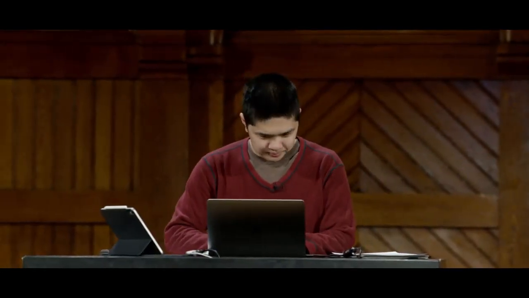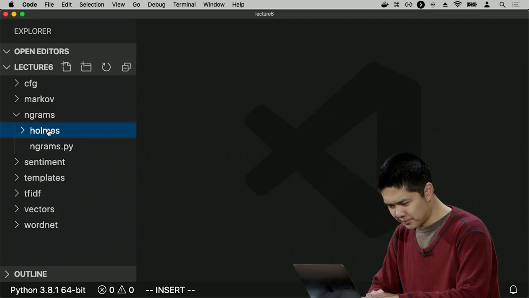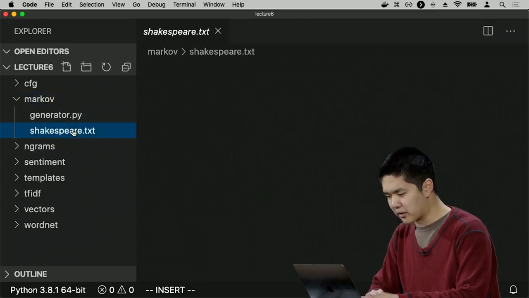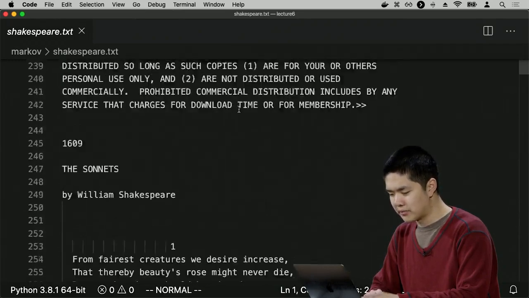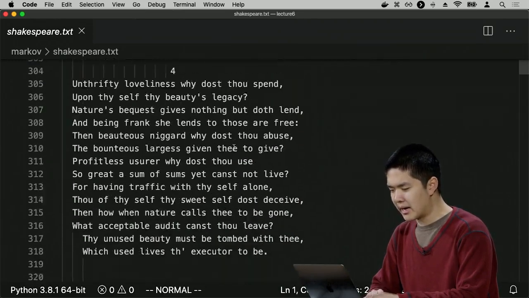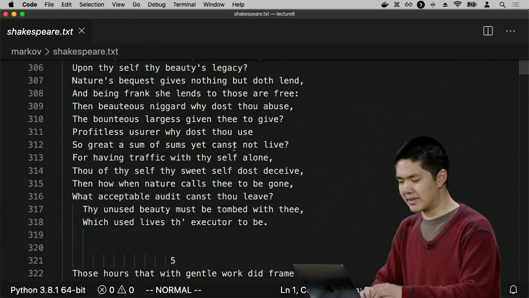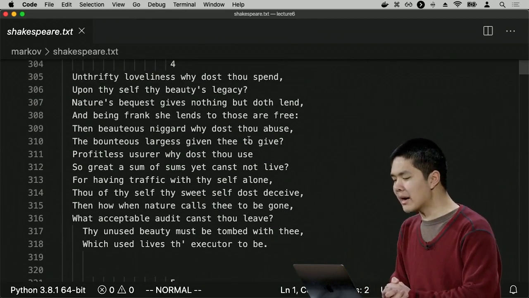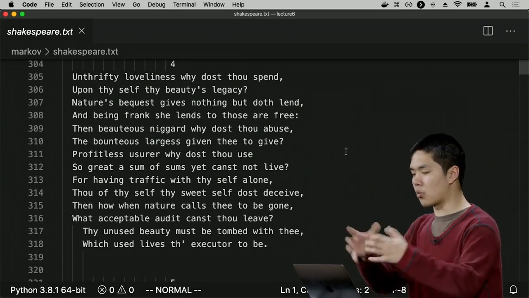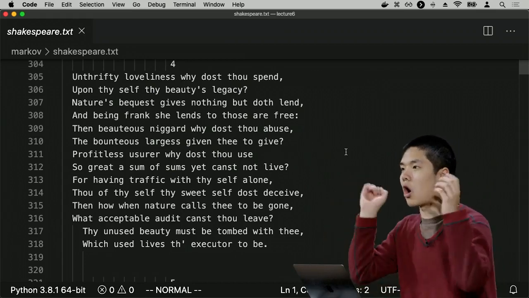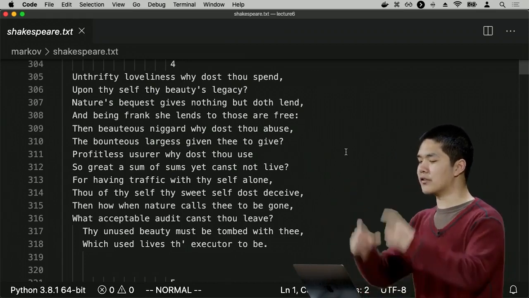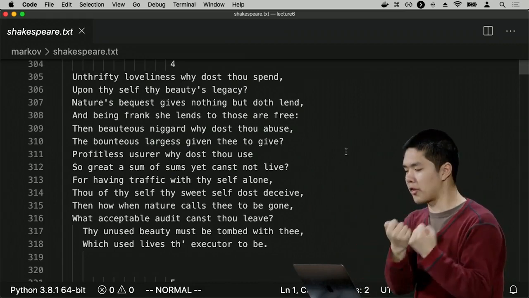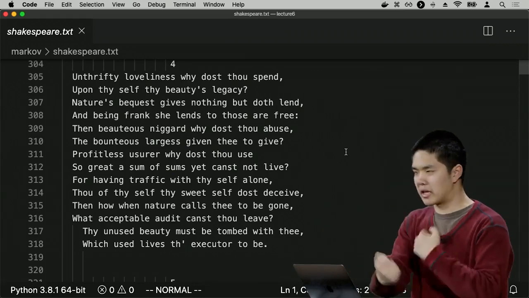We're here now. I have another corpus that I have here. And it is the corpus of all of the works of William Shakespeare. So I've got a whole bunch of stories from Shakespeare, and all of them are just inside of this big text file. And so what I might like to do is look at what all of the n-grams are, maybe look at all of the trigrams inside of Shakespeare.txt, and figure out, given 2 words, can I predict what the third word is likely to be, and then just keep repeating this process.